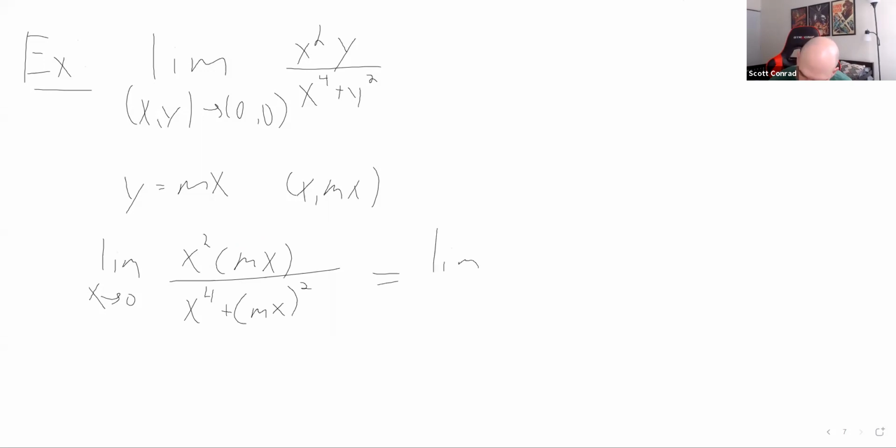So we get the limit as x goes to 0 of m times x cubed over x to the 4 plus m squared x squared.